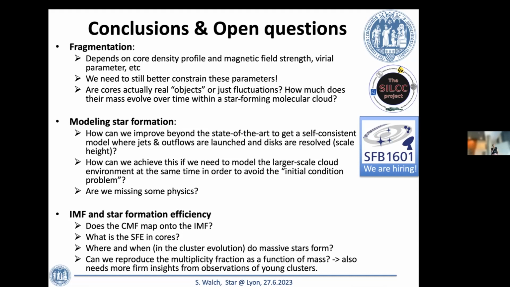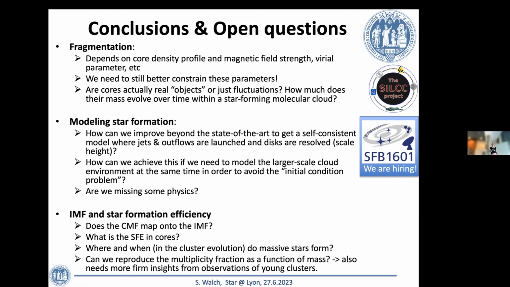And to model star formation, I think we need to improve beyond the state of the art in terms of modeling the larger scale cloud environment at the same time as the star formation process itself, but this will definitely be a supercomputing challenge.